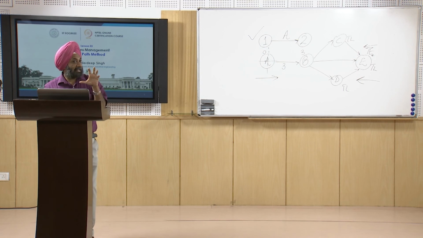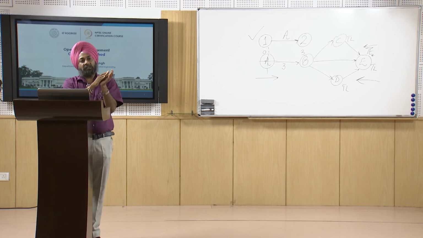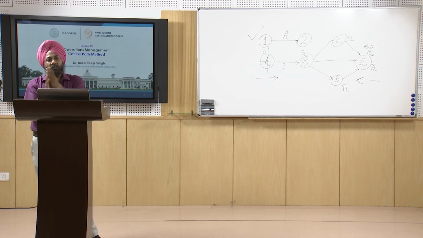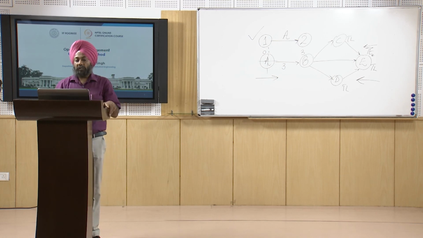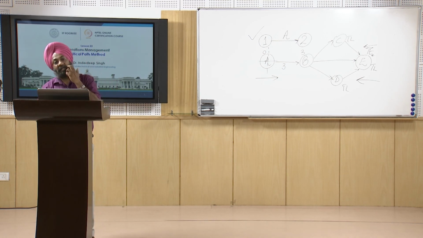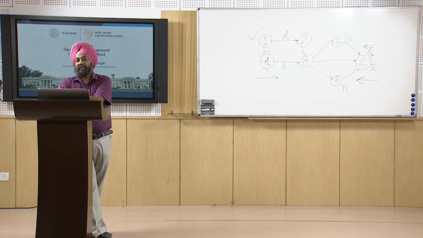The slack, as we have seen, will be 0 for the activities that lie on the critical path. So we can see the difference between early start and late start, or early finish and late finish, has to be 0. So here we try to look out for those activities where the difference between early start and early finish and late start and late finish is equal to 0.